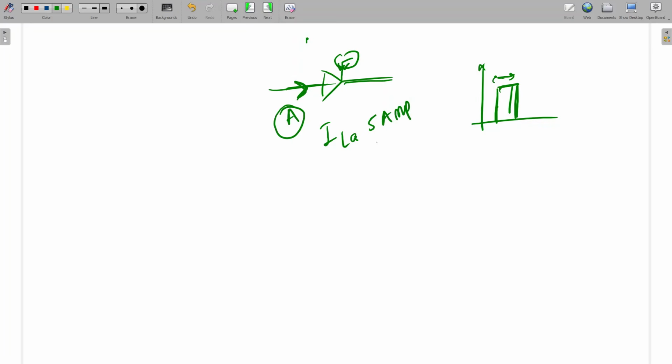We apply the gate pulse for that duration such that it reaches 5 ampere, and then if you remove the gate pulse also, it will remain in turn on condition. Is it clear? Okay, sir. We are not applying a constant signal, just a pulse. The pulse duration will be such that it reaches the latching current.